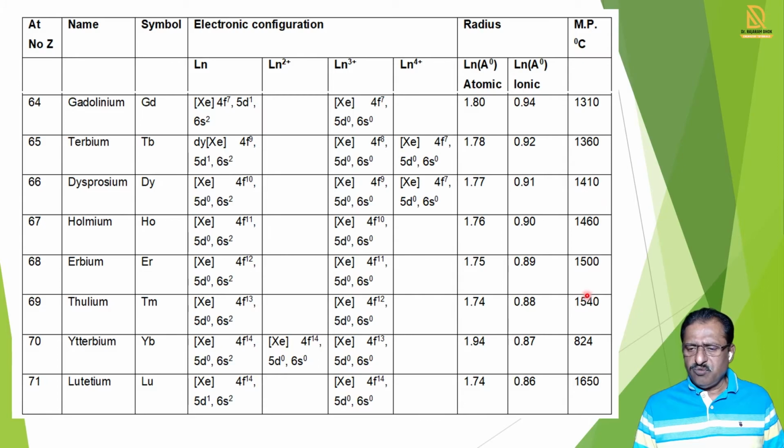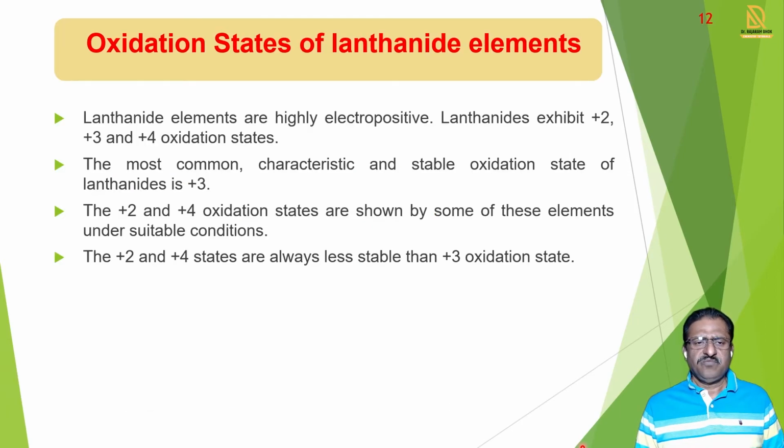So you see here the melting point varies. In holmium the melting point is 1460, in erbium 1500, in thulium 1540, that is very high. In lutetium 1650. So these are very high melting points. So this is the electronic configuration. If you are asked about the electronic configuration, you have to write it systematically.